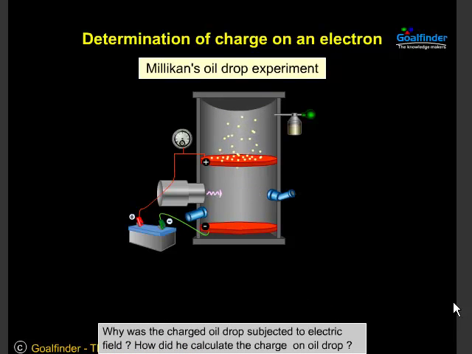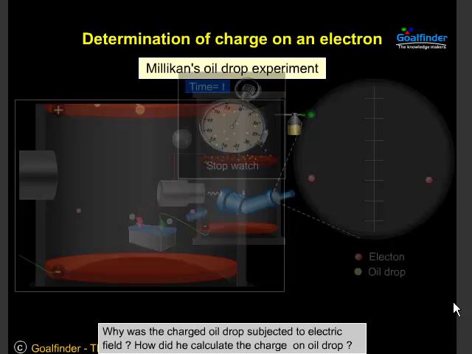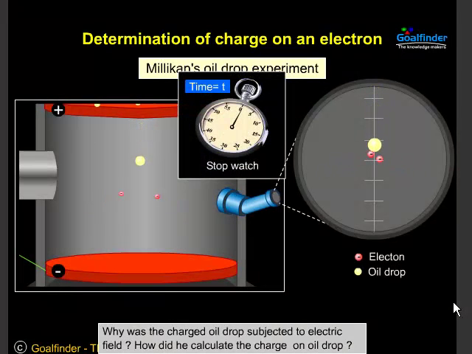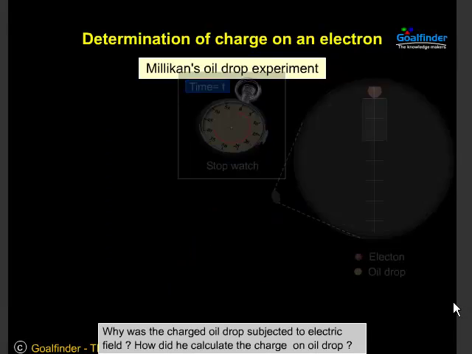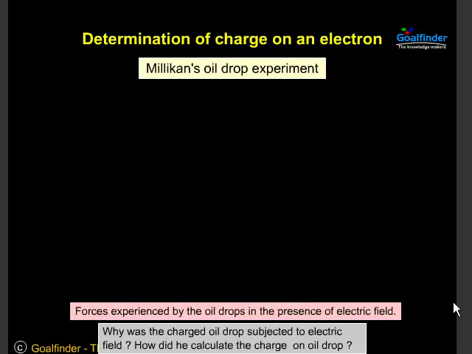Ordinary oil would evaporate under the heat of the light source, causing the mass of the oil drop to change over the course of the experiment. That's also why water or any other liquid wasn't chosen, because it would evaporate too quickly under the heat of the light source. They needed a light source because this was visually observed, so somebody would sit there with a microscope and actually observe the droplets drifting.